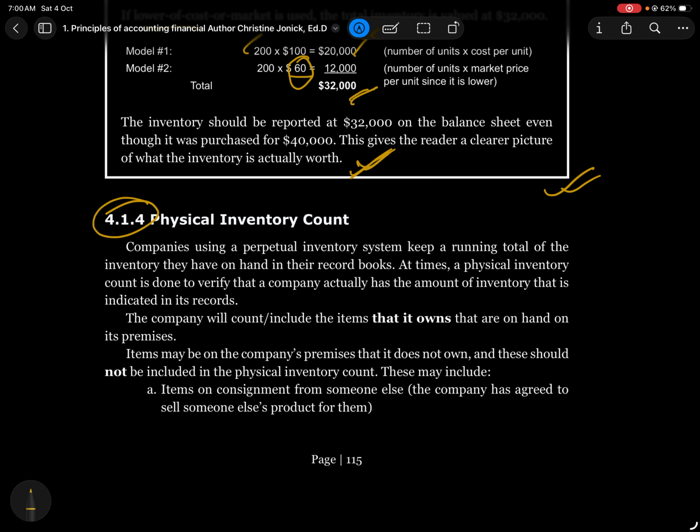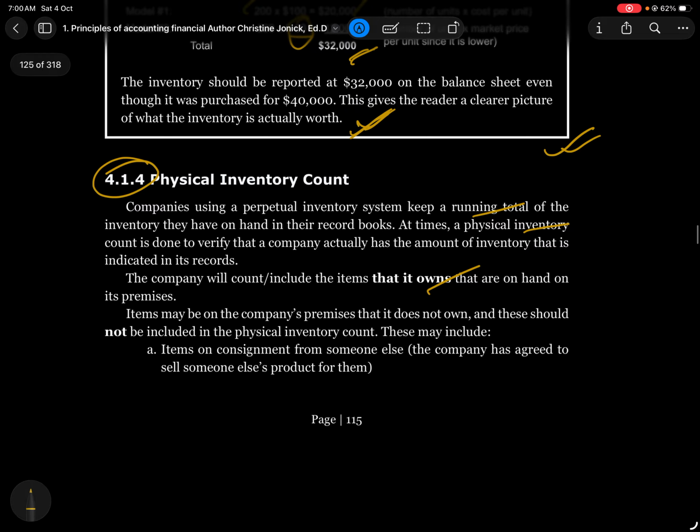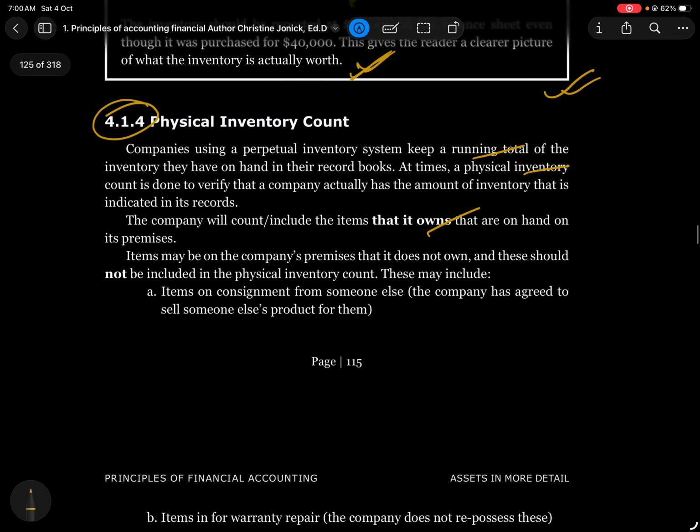Next is physical inventory count. Since the company is in a perpetual system, they would keep a running total, and they would do a physical inventory count as well, even in perpetual sometimes. Sometimes there might be breakages and everything, so it should be there.